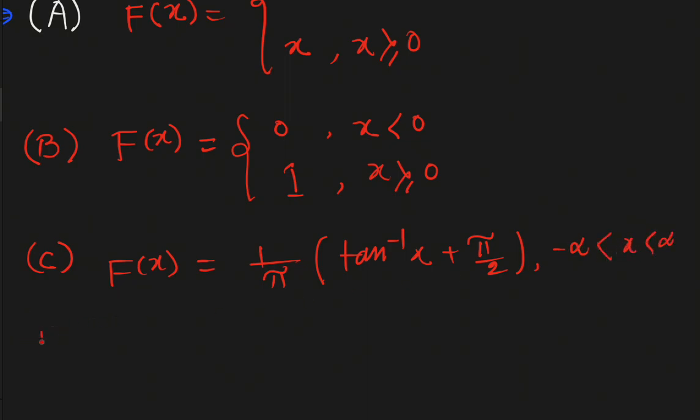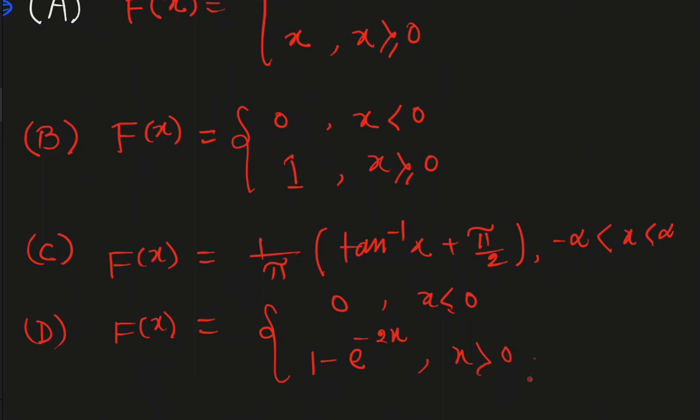And D: f(x) is 0 for x less than or equal to 0, and 1 minus e to the power minus 2x for x greater than 0.